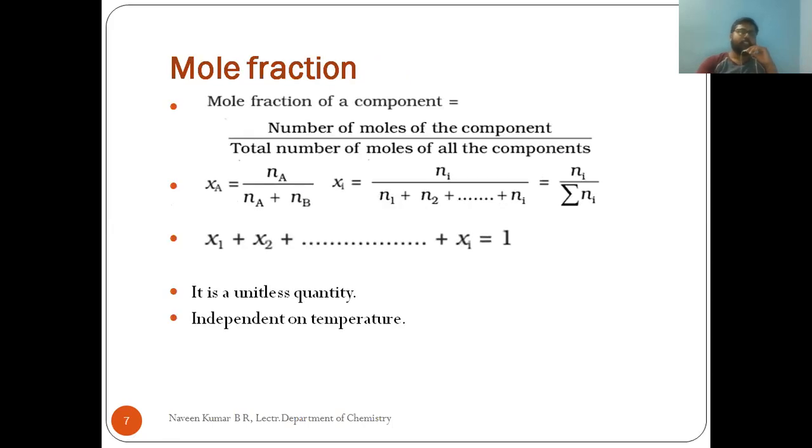And if we observe the next one, it's the mole fraction, a very useful quantity to express the concentration terms. To understand mole fraction, we need to recall what the number of moles is and how to calculate the number of moles. As we know, mole is one of the fundamental quantities of SI units, which contains Avogadro number of particles, that is 6.022 into 10 to the power of 23 per mole.